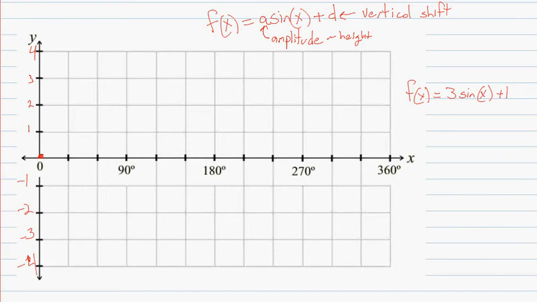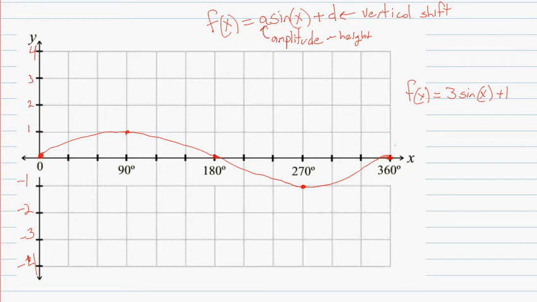And a normal sine curve starts at 90 degrees. It goes to its maximum, which is 1 for a normal sine curve, comes back, repeats down to its minimum at 270, and goes there. So that's our normal basic sine curve. And like I said, there's some points in the middle, but I don't want to worry about those right now.